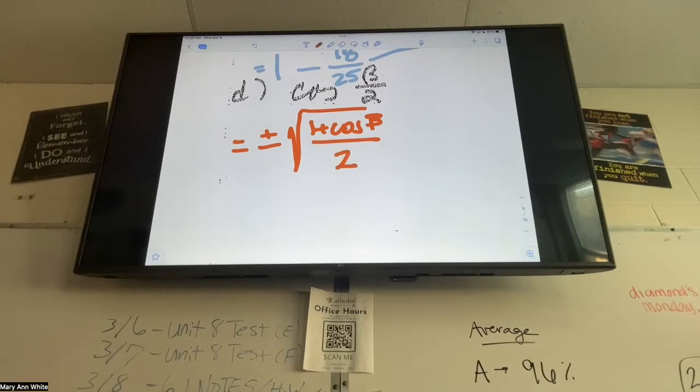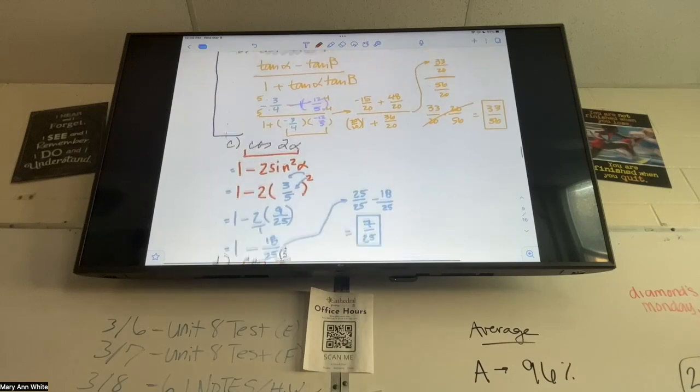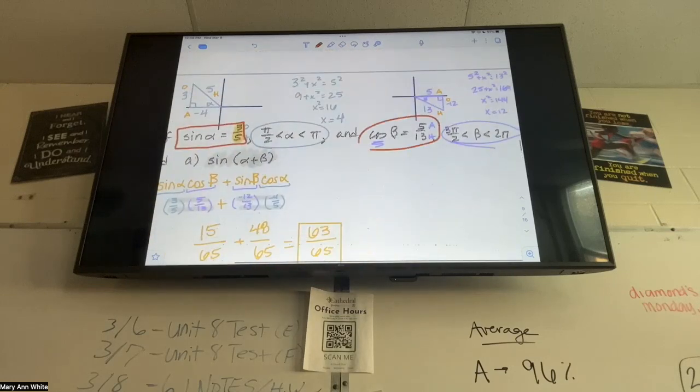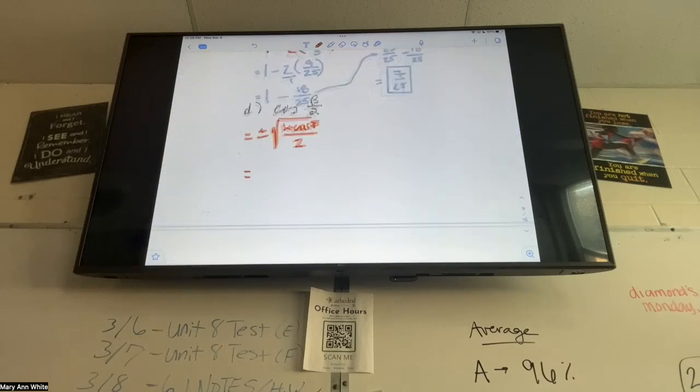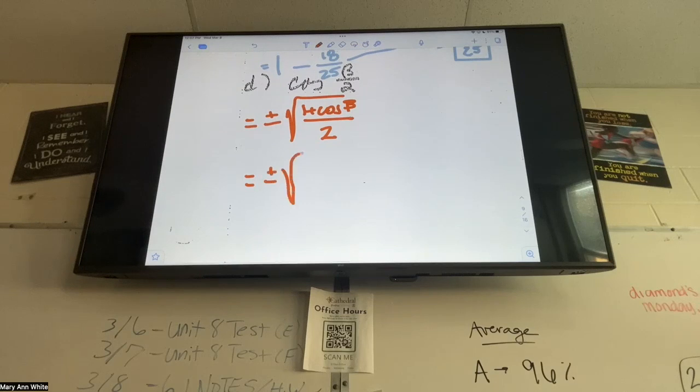Do you know what cosine of beta is? Yeah. We have our whole triangle and they actually gave us cosine of beta. They gave us 5 over 13 as cosine of beta. So I'm going to plug that in. Five over 13 goes in for cosine of beta.